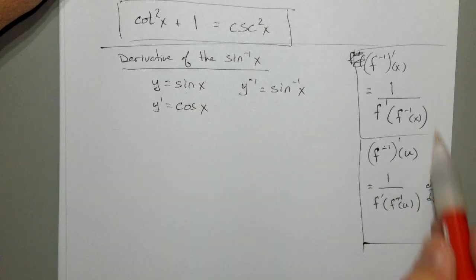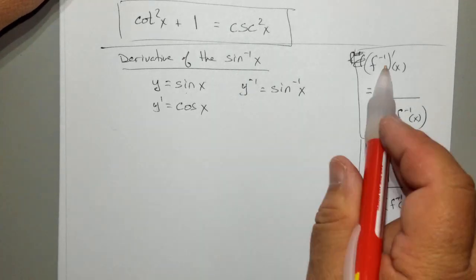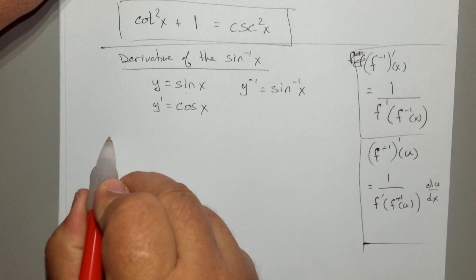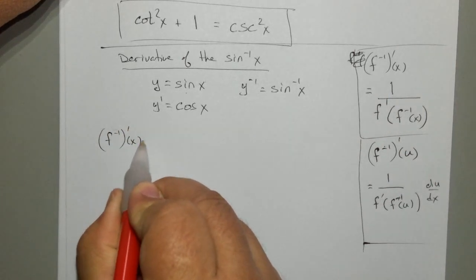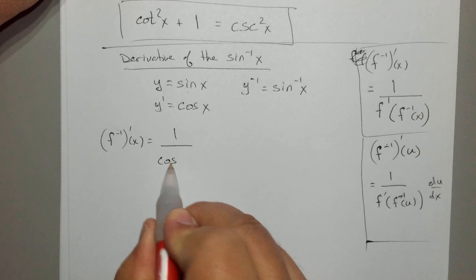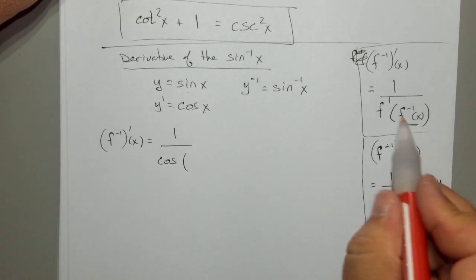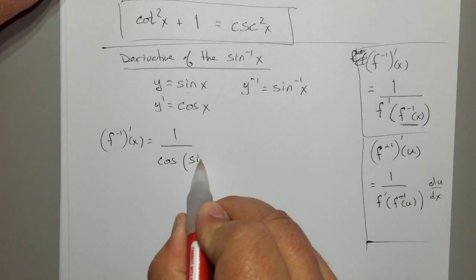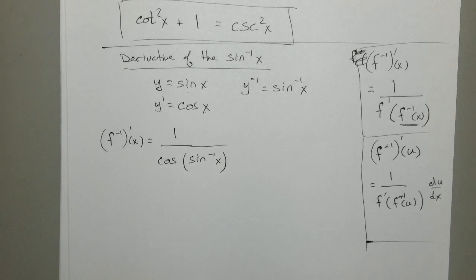Now we have everything we need to find the derivative of the inverse function. It is 1 over f prime, which is cosine, and in place of x, put the inverse function. Remember that?